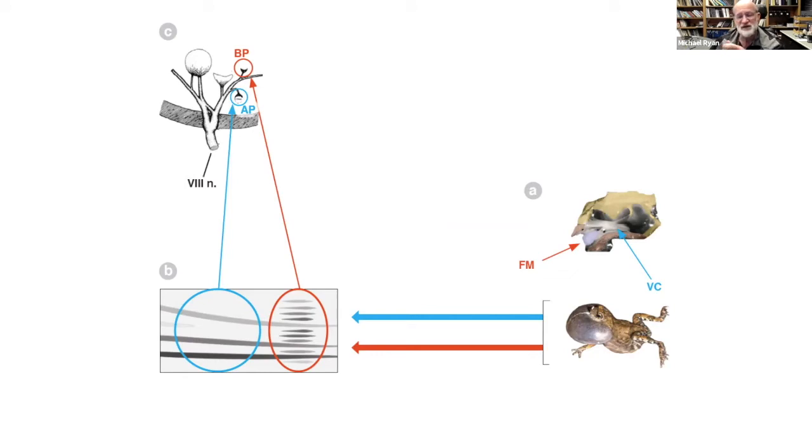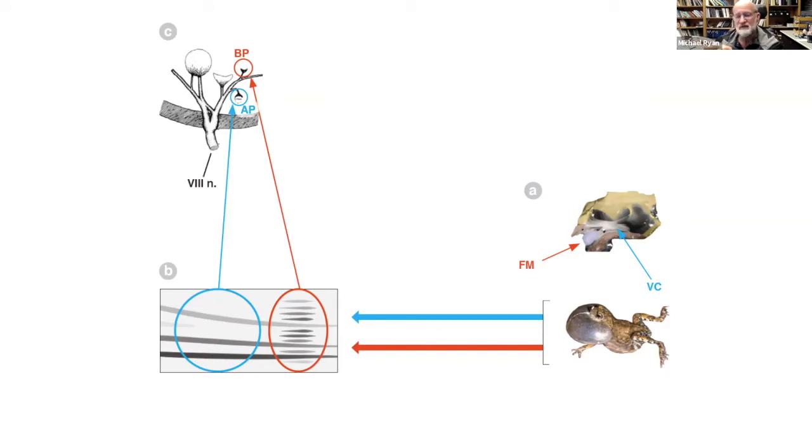Here, the dominant frequency of the whine is about 700 hertz, and the tuning of the amphibian papilla is about 700 hertz. The dominant frequency of the chuck is about 2500 hertz, and the tuning of the basal papilla is pretty close to that, about 2300 hertz.